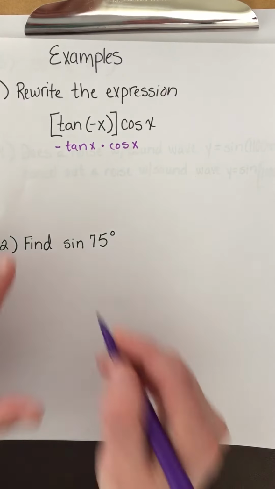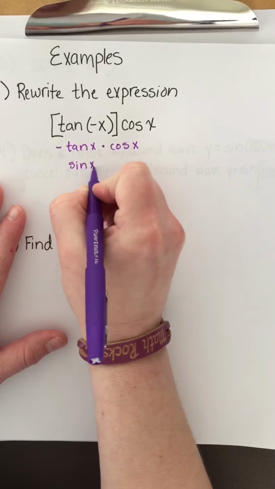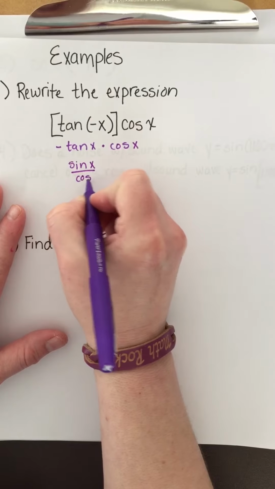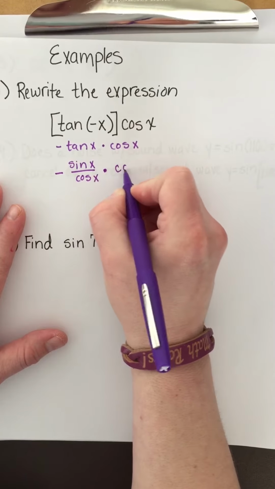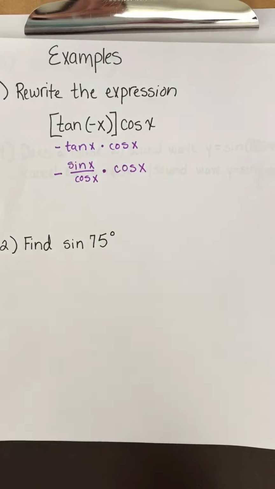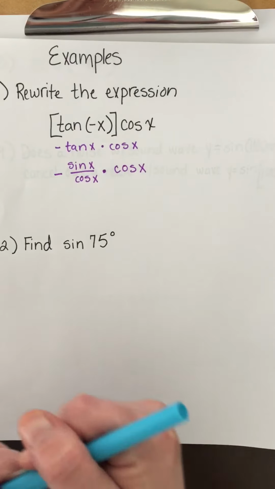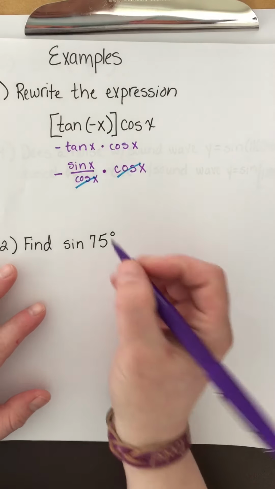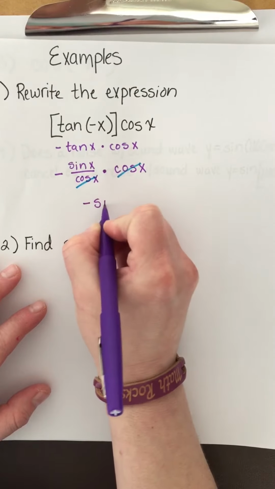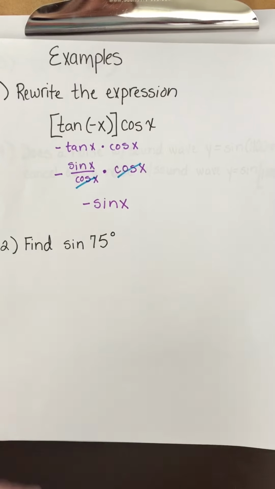Well, tangent is the same thing as the sine of x over the cosine of x. Do not forget that negative out front. And I'm going to multiply that by the cosine of x. Now we have this cosine in the denominator and that cosine, and we can just cancel those out. And we are left with the negative sine of x. And that's it for that one.